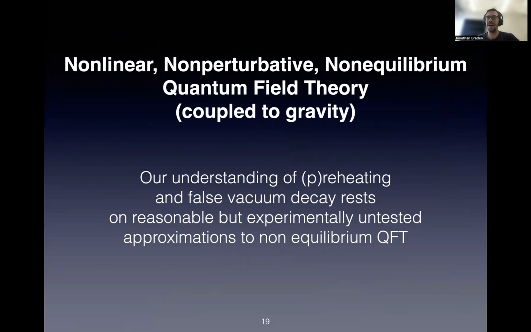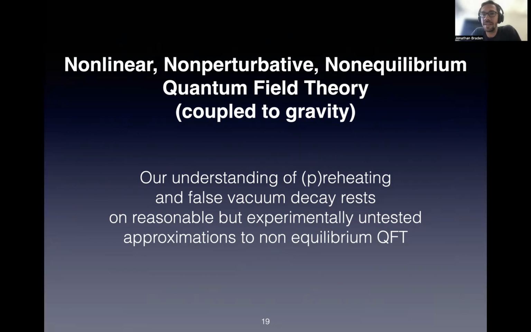Okay. Now the problem is we want to understand the early universe, but as I've tried to point out, a lot of the interesting things are nonlinear, non-perturbative, non-equilibrium, quantum field theory coupled to gravity. So it's a horrible, horrible, horrible sounding mess that we don't really know how to do properly. Okay.